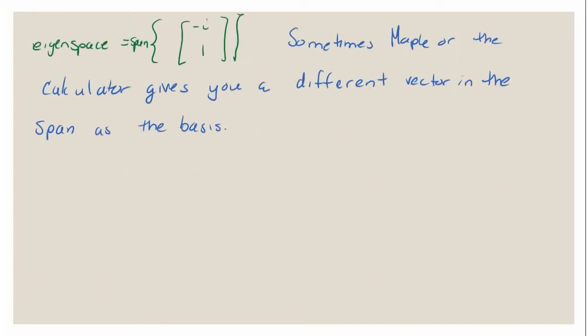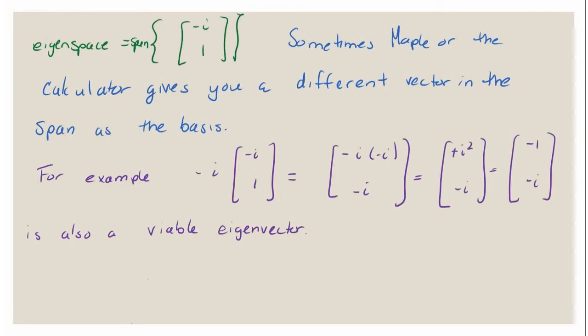So sometimes Maple or the calculator, and my recollection is the calculator can give you some really crazy answers, but they can give you a different vector in the span as the basis. It doesn't necessarily have to be the one I found by hand. And that can be confusing to a student who's looking in the back of the book or Maple to check their work, because the answer that they get on Maple or the calculator looks so wildly different than what they found by hand. So let me give you an example.